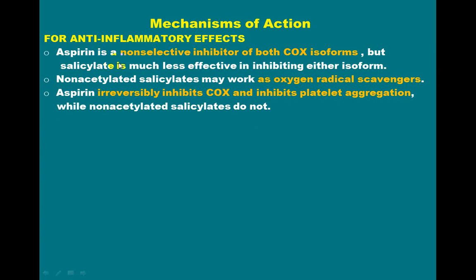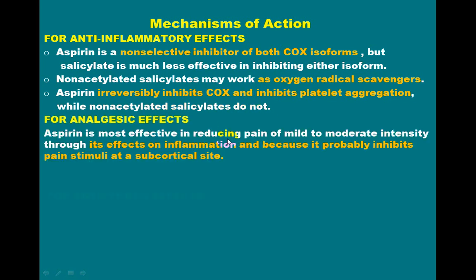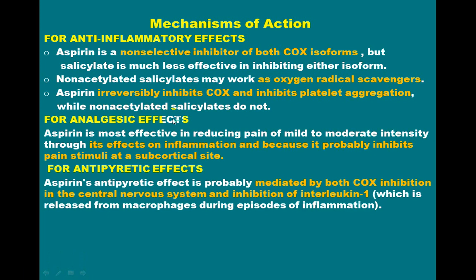All these mechanisms make aspirin anti-inflammatory, while non-acetylated salicylate does not have this activity by irreversible inhibition of COX. For analgesic effects, its effect on inflammation, and it probably inhibits pain stimuli at a subcortical site.